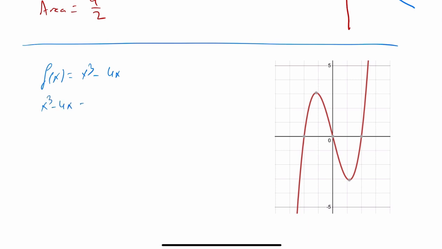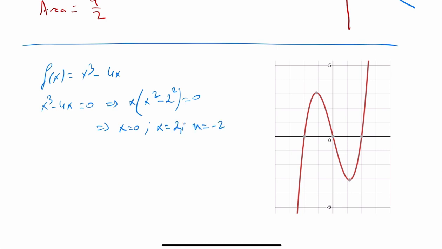So this is equal to 0 means that x times (x squared minus 4) is equal to 0, and this means that x is equal to 0, or x is equal to 2, or x is equal to minus 2.